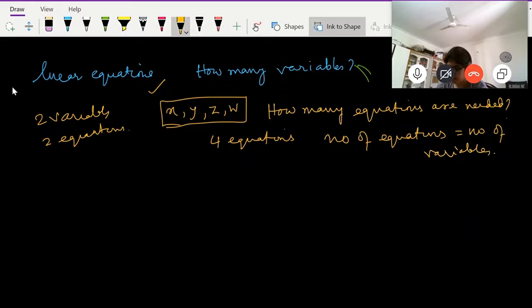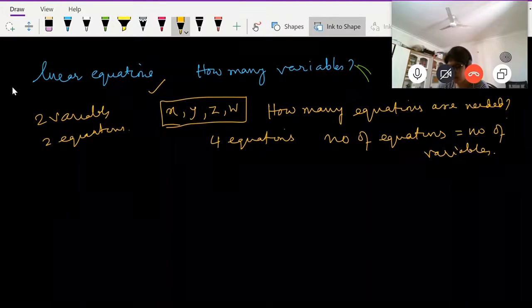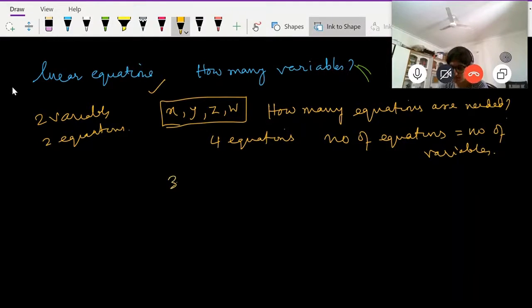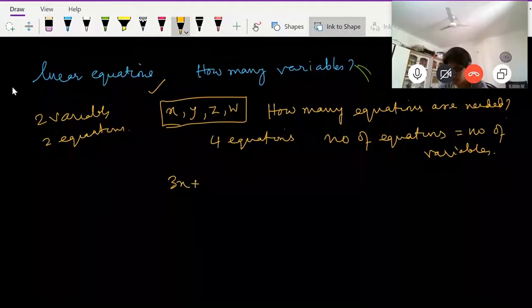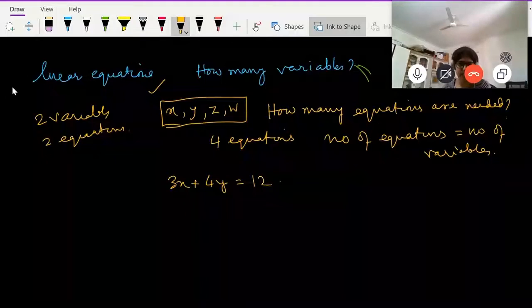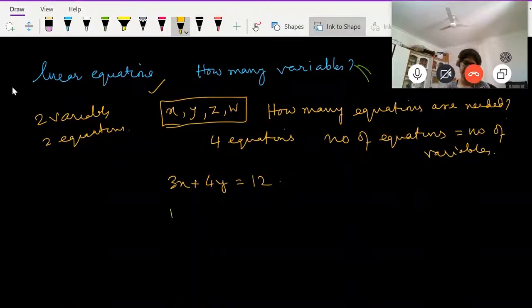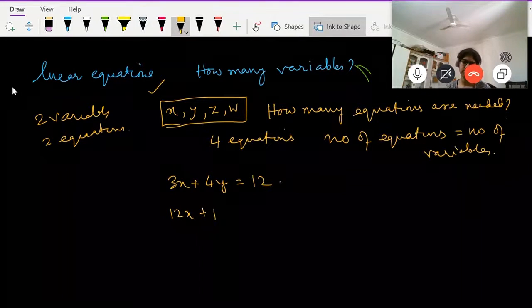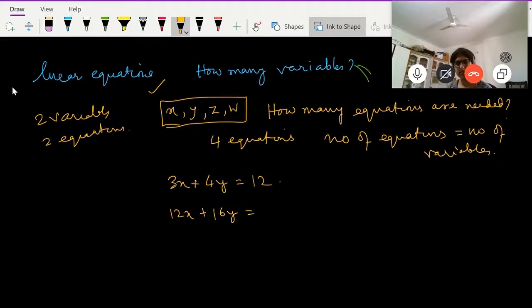Okay, now let's take an example. Let's say 3x plus 4y is equal to 12 and 12x plus 16y is equal to 48.